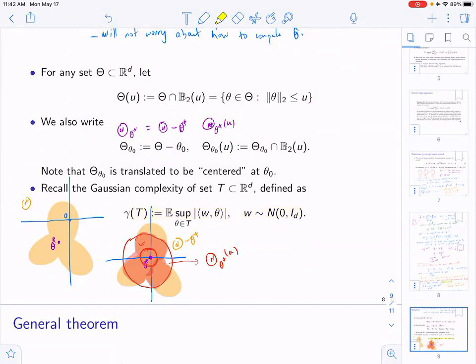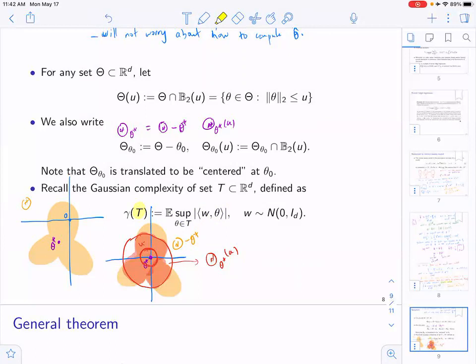For any set T in R^d, we look at the expected supremum of this quantity, where W is a standard Gaussian vector.